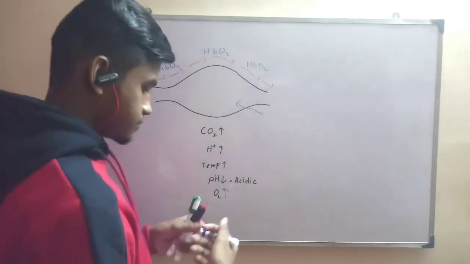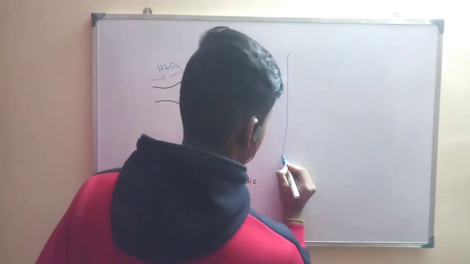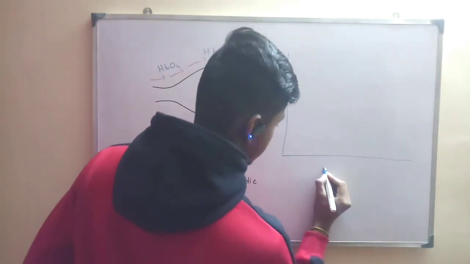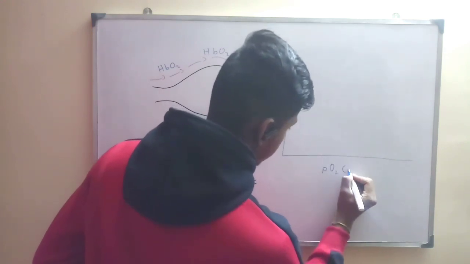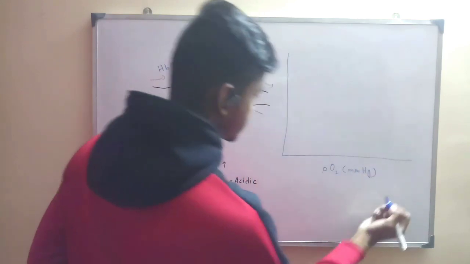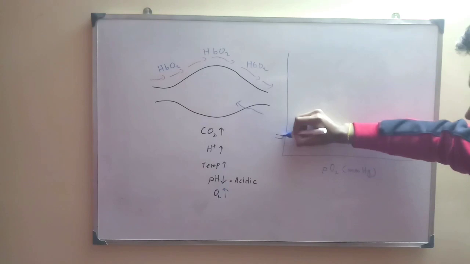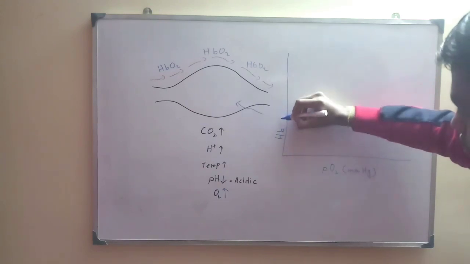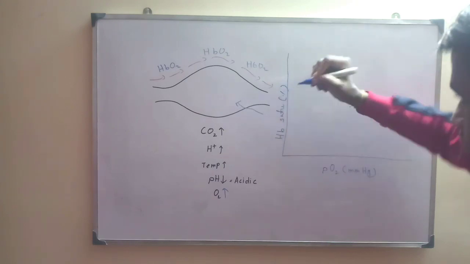And if we plot a graph at that time, the graph looks like this. The x-axis is partial O2 pressure in mmHg, and the y-axis is hemoglobin saturation in percentage.